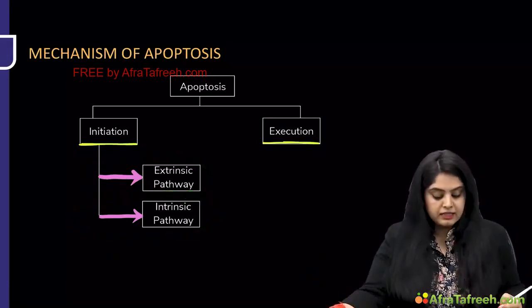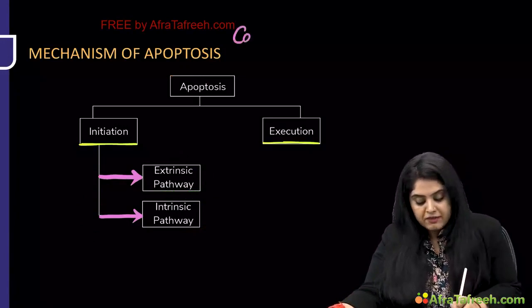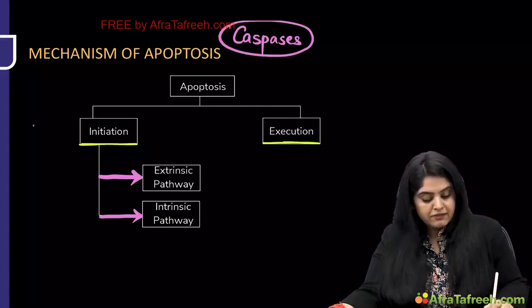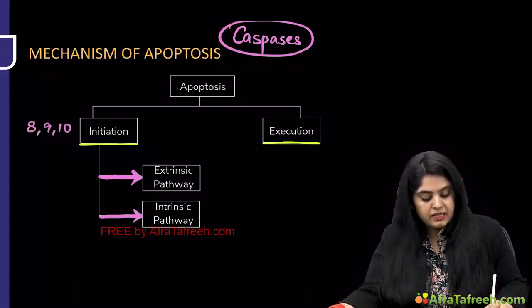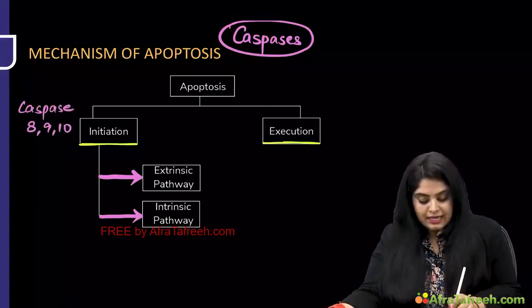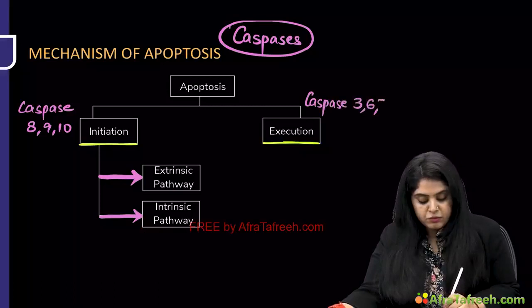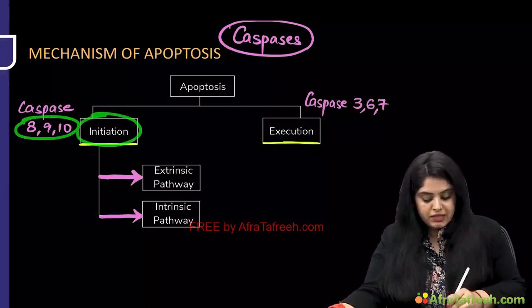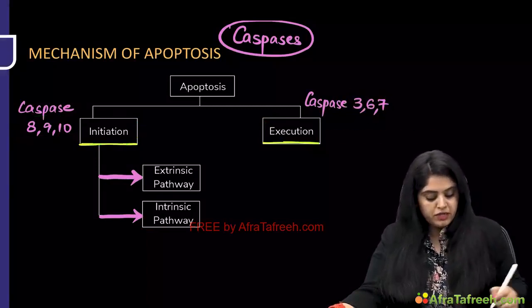So how to remember? Please remember that we have something called caspases in this entire process. For initiation, I have caspase 8, 9 and 10 in order, and caspase 3, 6 and 7 we have for execution. First you please mug it up. Caspase 8, 9, 10 for initiation, caspase 3, 6, 7 is going to be for execution.